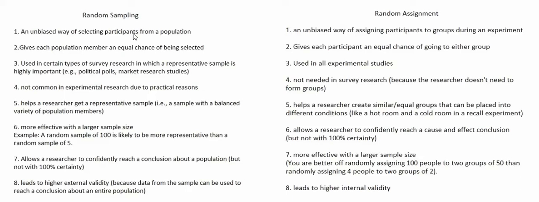Another way of getting a random sample is by randomly selecting a certain number of social media profiles. Let's imagine a researcher who wants to reach a conclusion about Instagram users, about the Instagram population. Maybe the researcher is interested in the average or mean number of hours that an Instagram user is on Instagram per day. Well, that researcher could get a random sample of Instagram users by just randomly selecting a certain number of Instagram profiles.